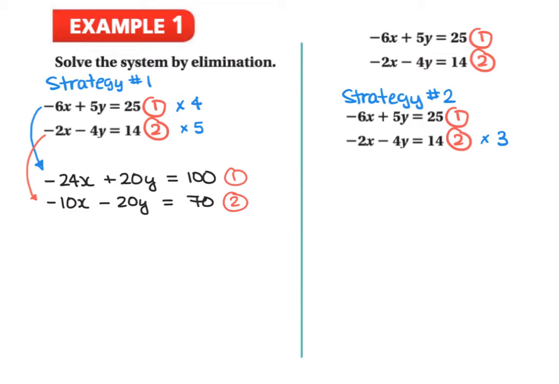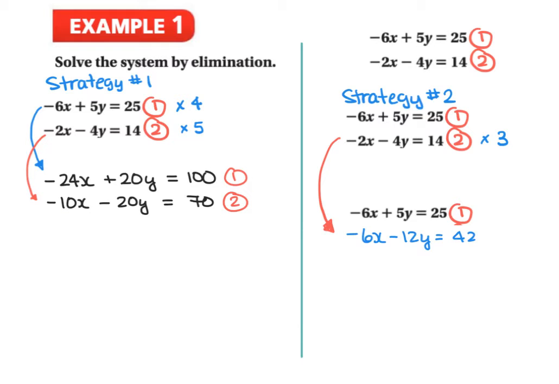So the first equation stays the same, and I can just copy that down there. Then for the second equation, I've got negative 6x, 4 times 3 gives me negative 12y, is equal to 14 times 3, which gives me 42.